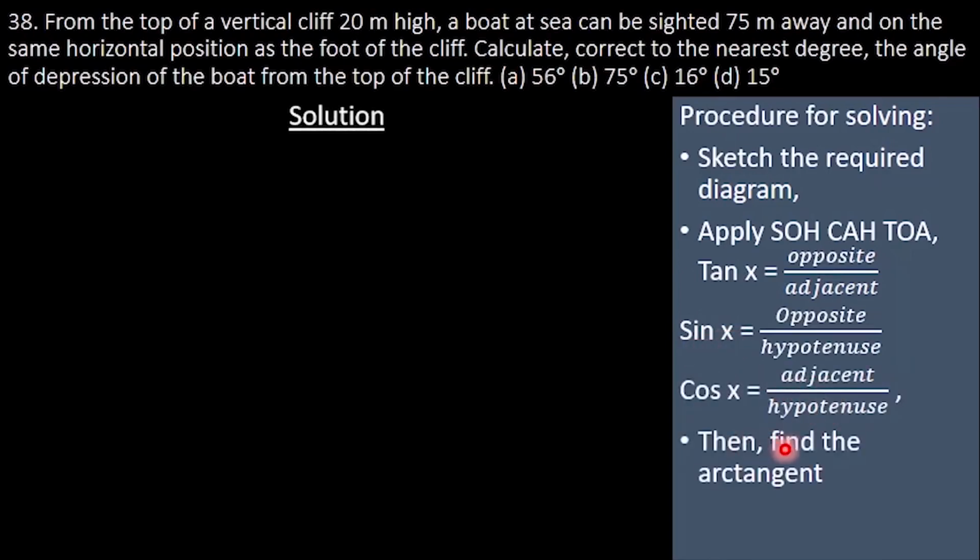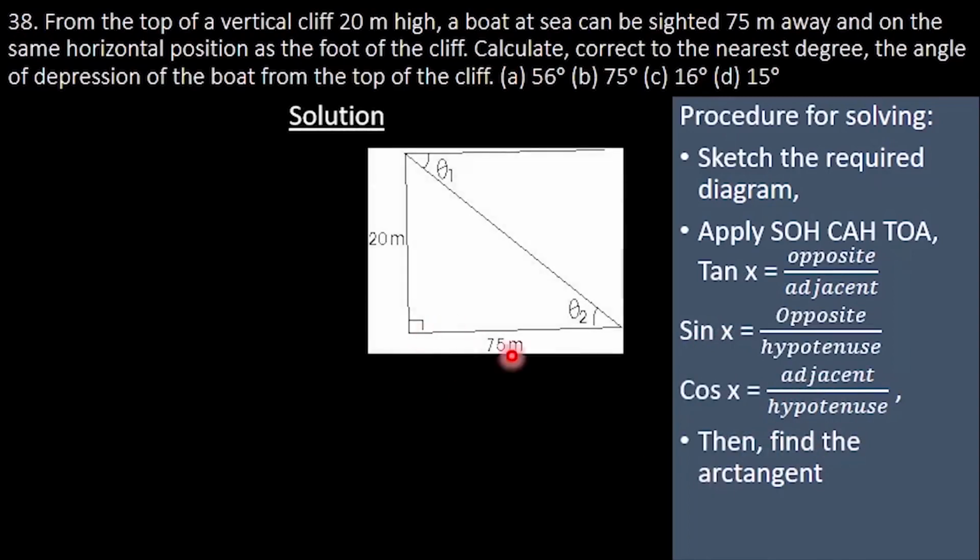This is the diagram. From the top of the vertical cliff, that is the 20 meter height, a boat at sea can be sighted 75 meters away on the same horizontal position as the foot of the cliff. This is the horizontal position, and it's 75 meters, the same as the foot of the cliff.